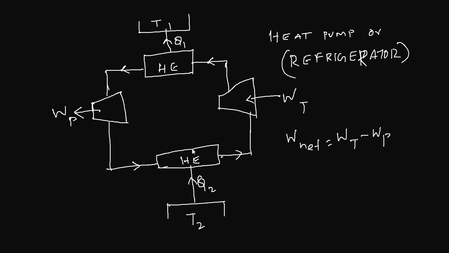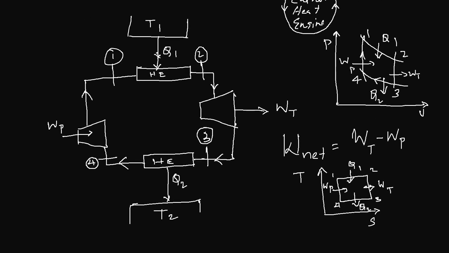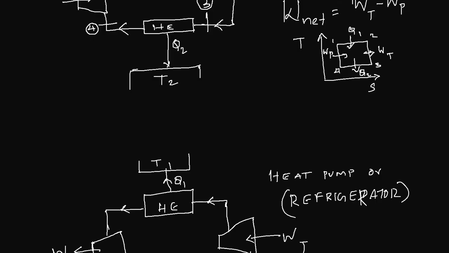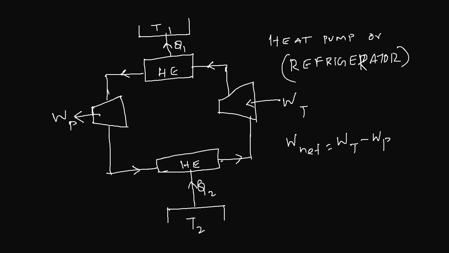Obviously there will be heat losses and friction losses, etc. But the concept of the heat pump and refrigerator can be described from the concept of the Carnot heat engine: the Carnot heat engine and the reversed heat engine, or heat pump or refrigerator. We will discuss the refrigerator and heat pump and their coefficient of performance in the next videos. Thank you.